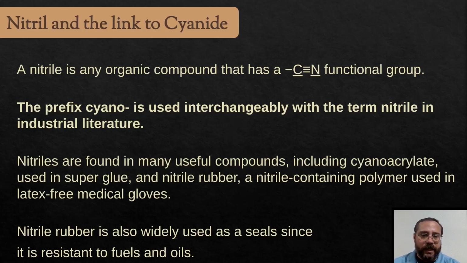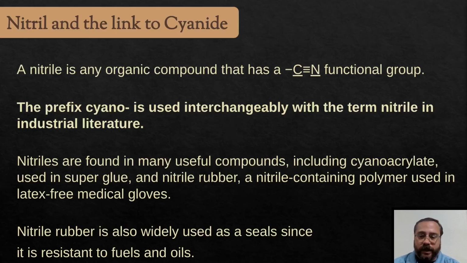The prefix cyano is used interchangeably with the term nitrile in industrial literature. What does that really say? Well, anything that contains the prefix cyano or nitrile or tril as its suffix tells us that it contains cyanide bound somewhere in its chemical structure.